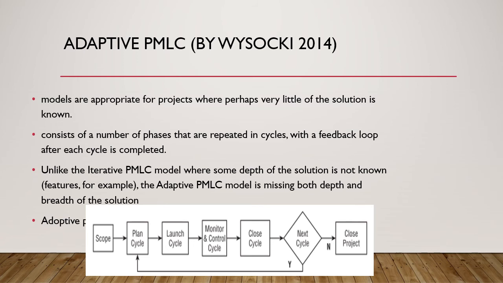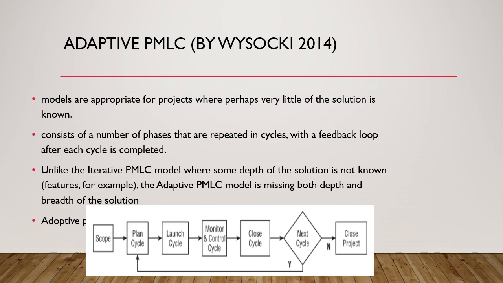Here you can see the adaptive project management lifecycle model. You will have the scope at the beginning, and from the scope you will have the plan cycle, launch cycle, monitor and control cycle, and then you close the project. This is one iteration, one cycle. When you finish one cycle, you might ask, have I finished the whole project, or do I still have some more cycles to go?